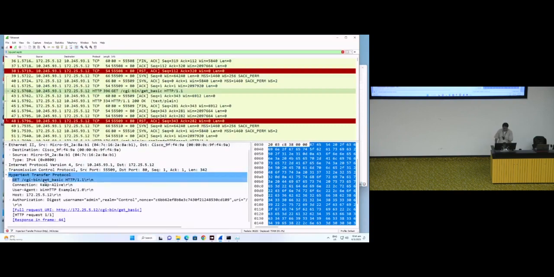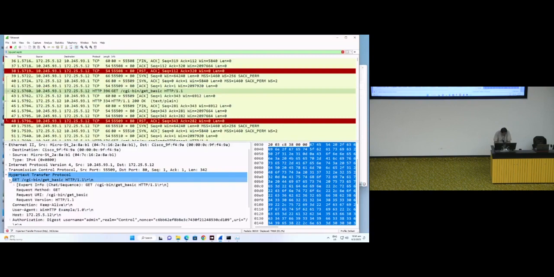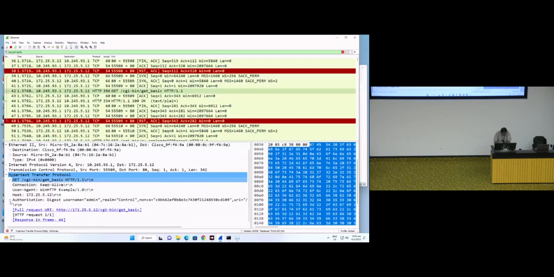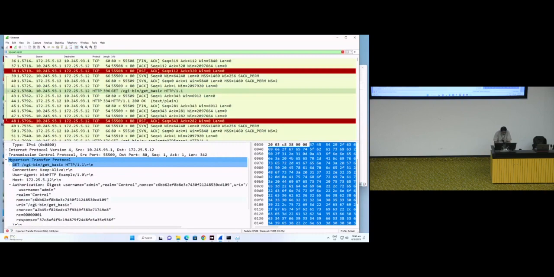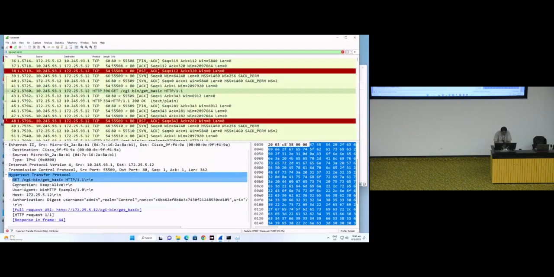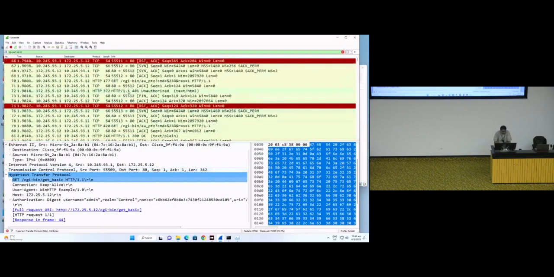And finally, we see that this is the application layer. And in the application layer, there's a whole bunch of information here. We can see the GET. Again, we didn't figure out what this packet is anyway, but let's try this. I'm going to go to a link.